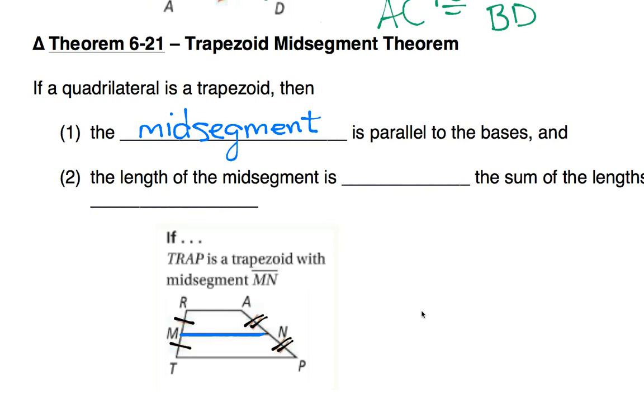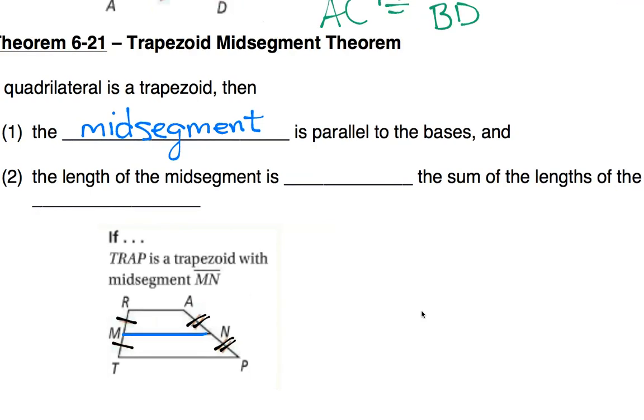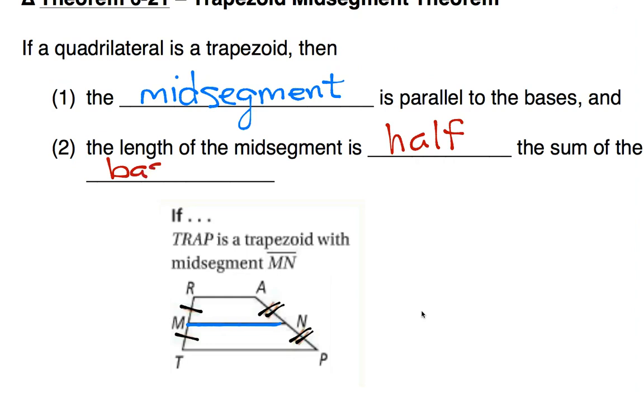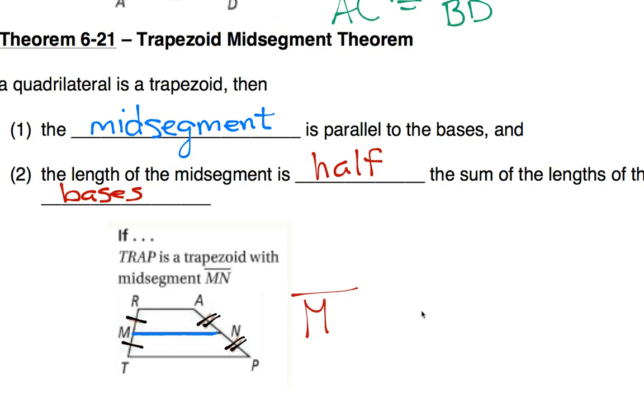The length of the midsegment is half the sum of the lengths of the bases. So MN equals 1/2 RA plus TP.